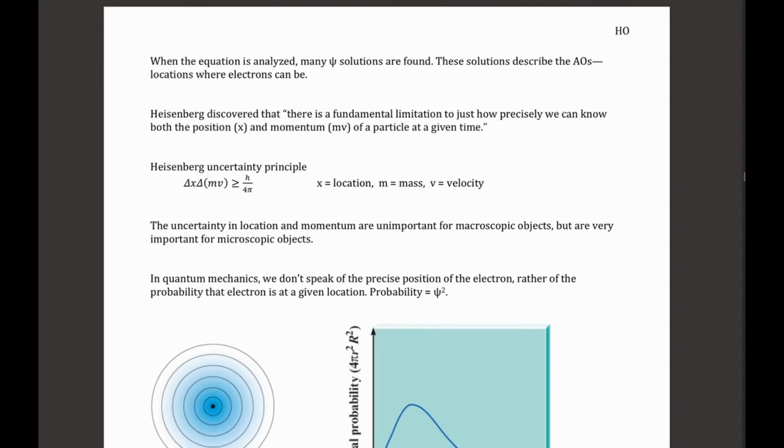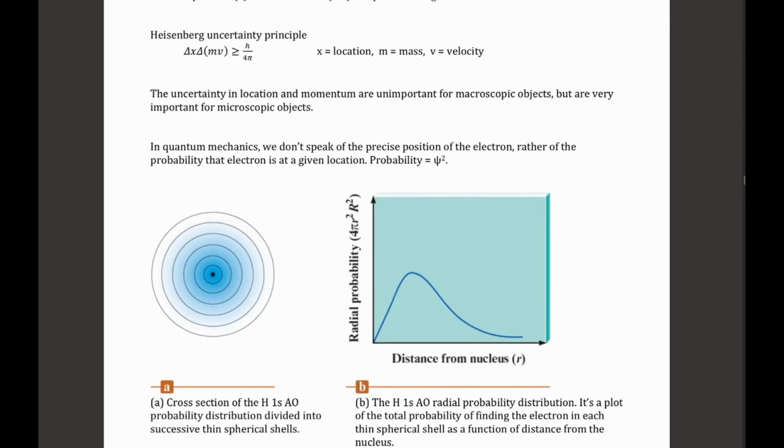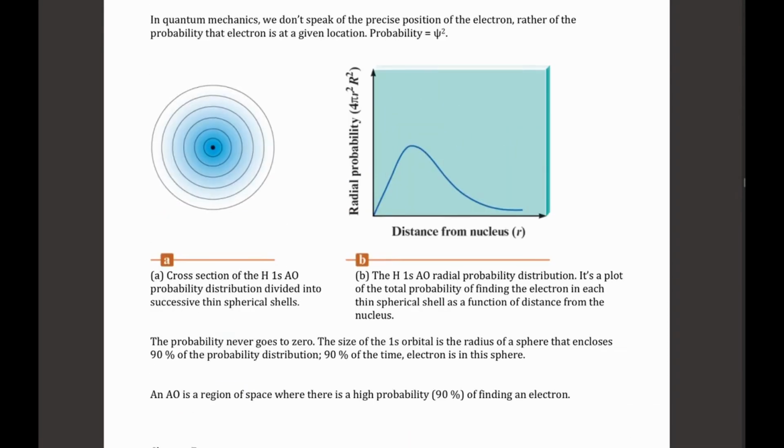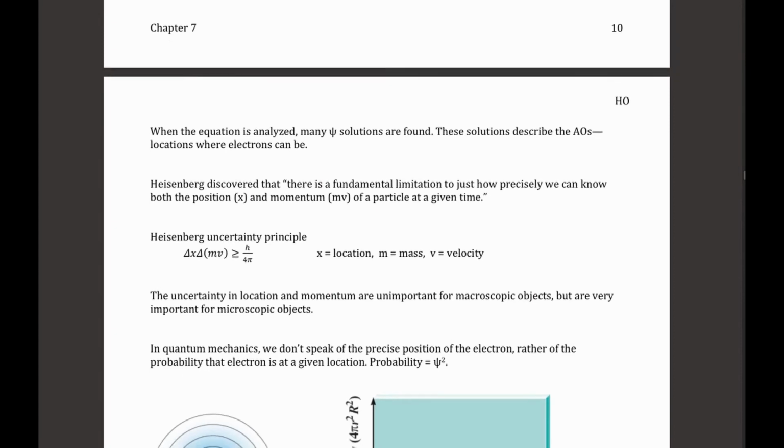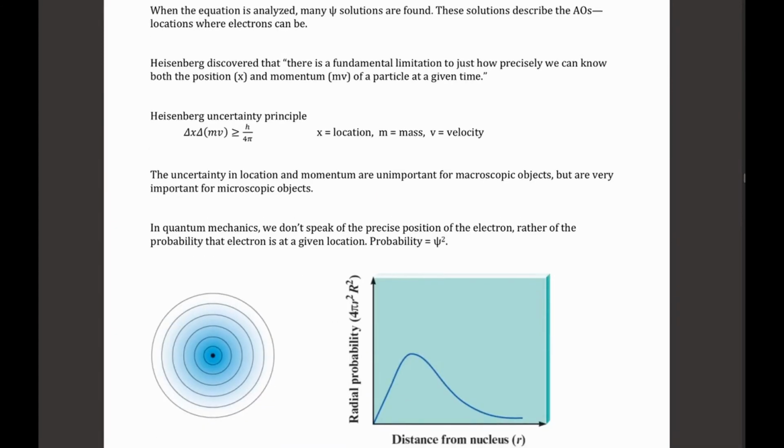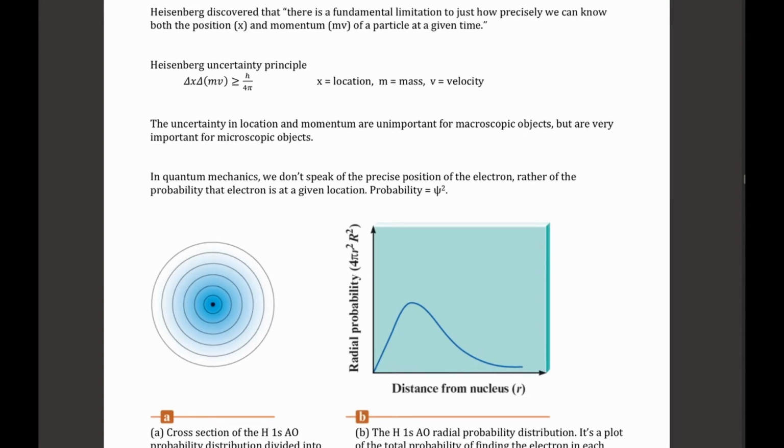As we get into the results of solving Schrödinger's equation, we need to talk about several aspects. One of them is the Heisenberg uncertainty principle. Heisenberg discovered that there is a fundamental limitation to just how precisely we can know both the position, given by x, and momentum, given by the mass times the velocity, of a particle at a given time.